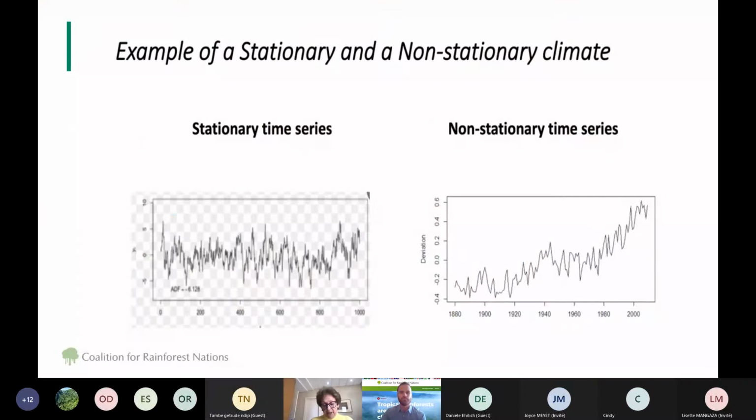Although you may have differences in temperature, precipitation, or other climate variables, say wind, for instance, the mean does not change during the time frame we are observing. But in the slide on the right-hand side, you can see a clear increasing trend in the mean, and in particular after the 1960s.